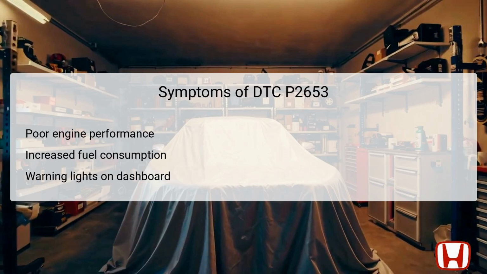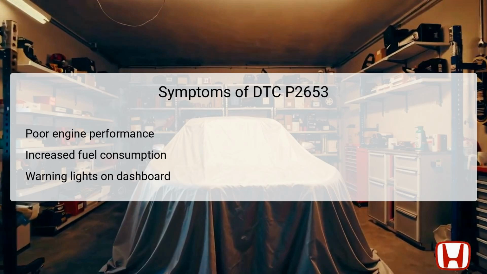When DTC P2653 is present, several noticeable symptoms can arise. Drivers might experience poor engine performance, characterized by rough idling, hesitations during acceleration, or decreased power on inclines. This issue can also lead to increased fuel consumption due to an inability to effectively manage the engine's timing.